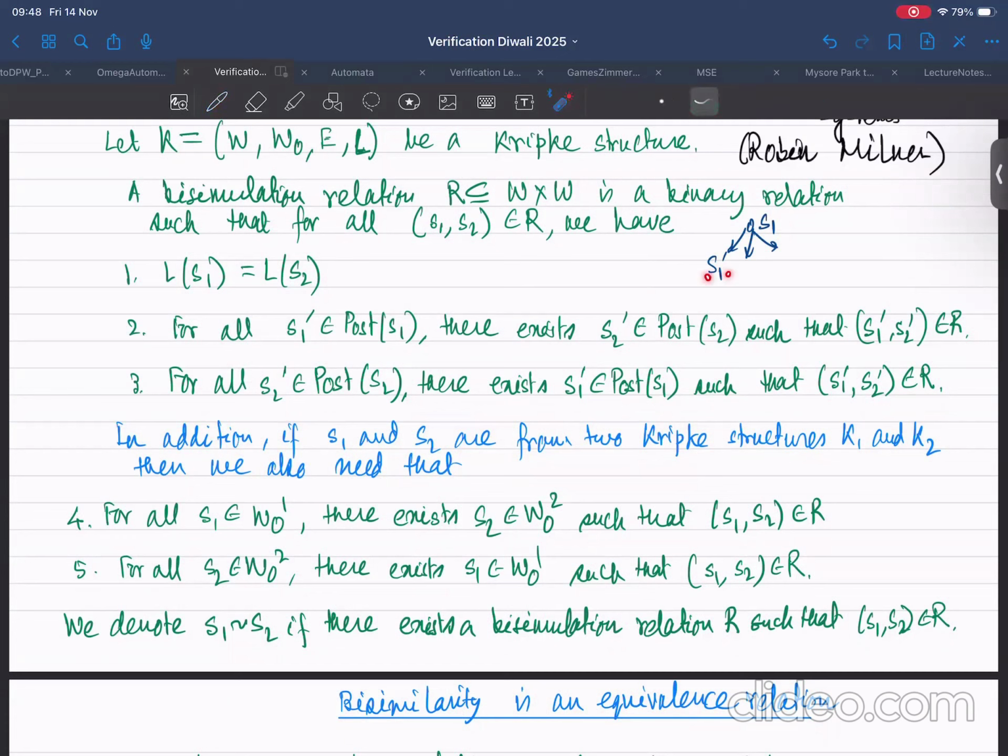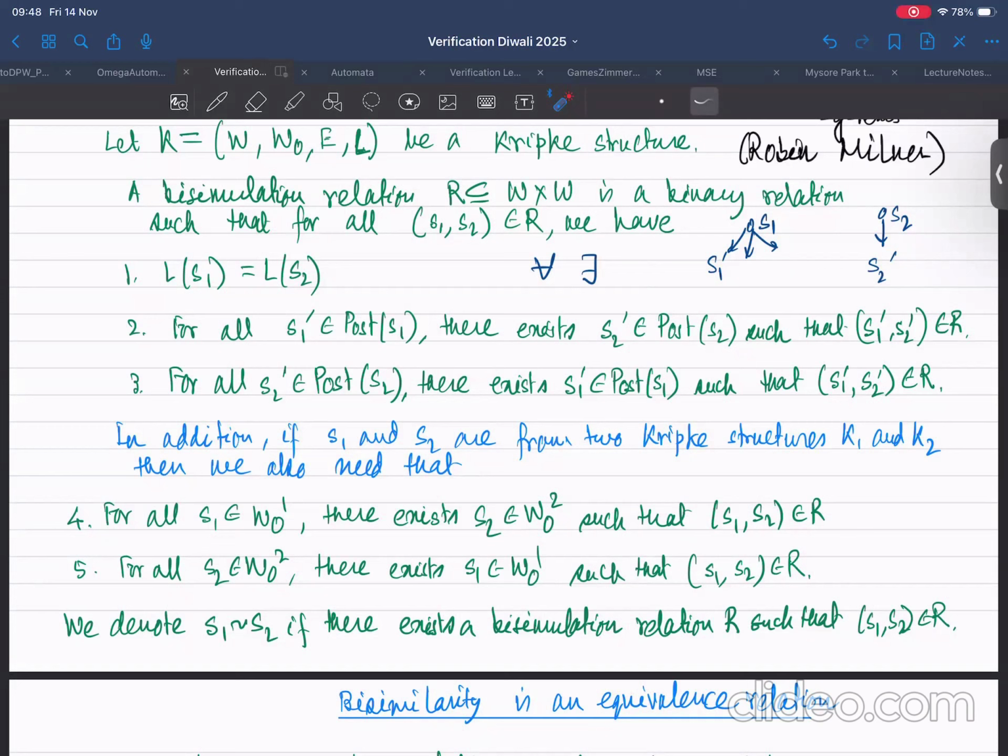If S1 and S2 are related, then for all such successors S1 prime, there should exist a successor S2 prime of S2 such that S1 prime and S2 prime are also related. There is a for-all quantifier and then a quantifier alternation, there exists. So it's recursively defined.